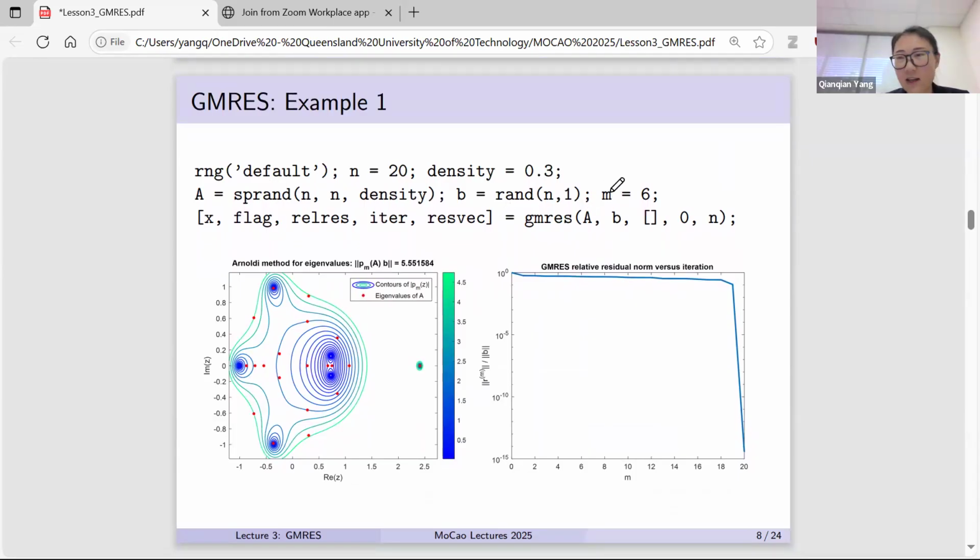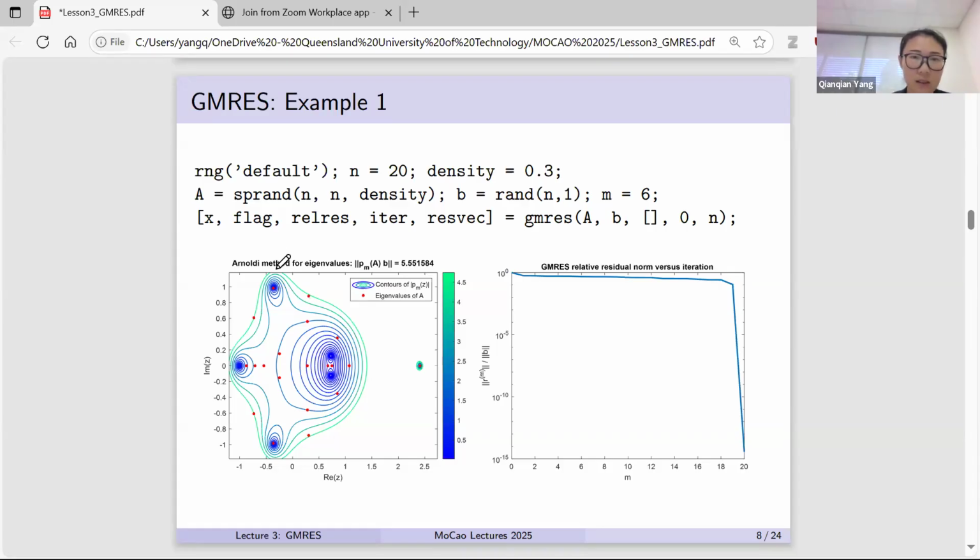For now, let's say we take 6 iterations. m is the Krylov subspace size, m is 6. And for now, we're just going to use MATLAB's built-in GMRES function to implement this method. So on the left, you've seen this type of plot from Tim's lecture.